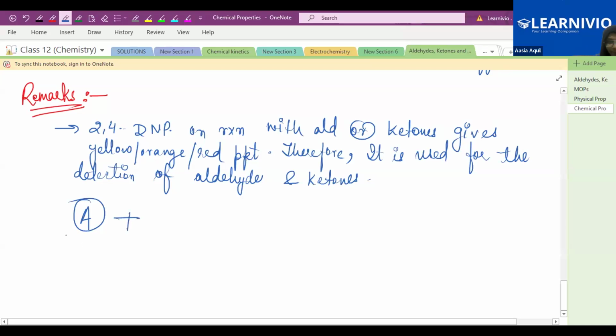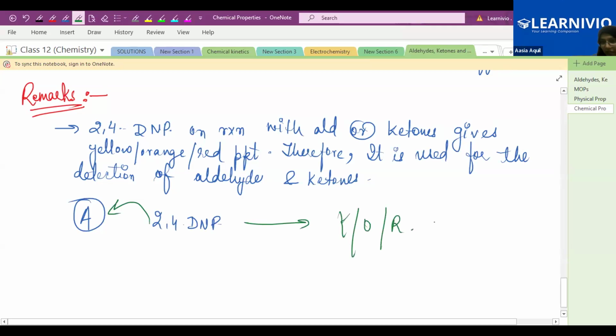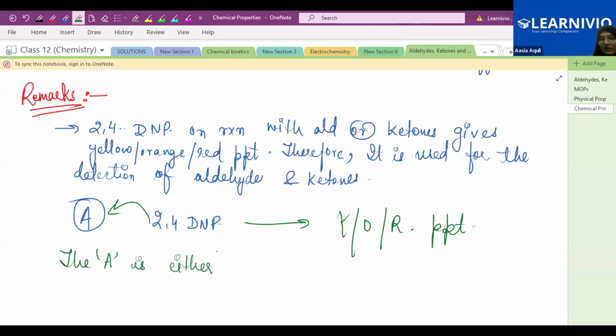If you add 2,4-DNP and a yellow, orange or reddish precipitate comes, it confirms that your unknown compound A is either an aldehyde or a ketone. Between aldehyde and ketone, you can't distinguish. It only confirms that it has a carbonyl group.